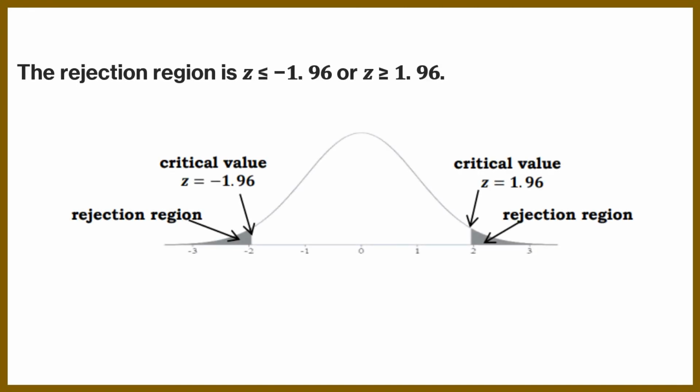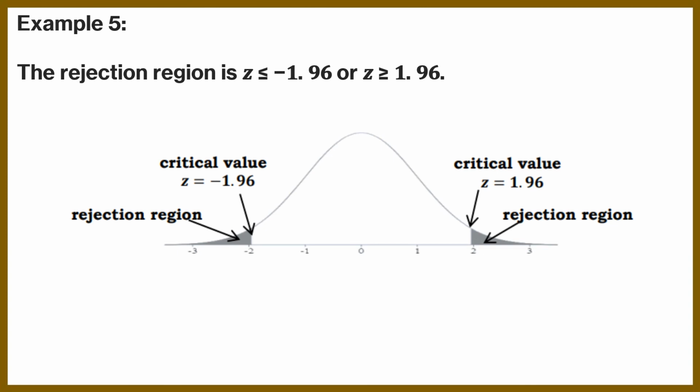So the rejection region is z is less than or equal to negative 1.96 or z is greater than or equal to positive 1.96. So left and right yung ating rejection region. Okay, so pag nag-fall sa rejection region, again, reject the null, accept the alternative hypothesis. Okay?